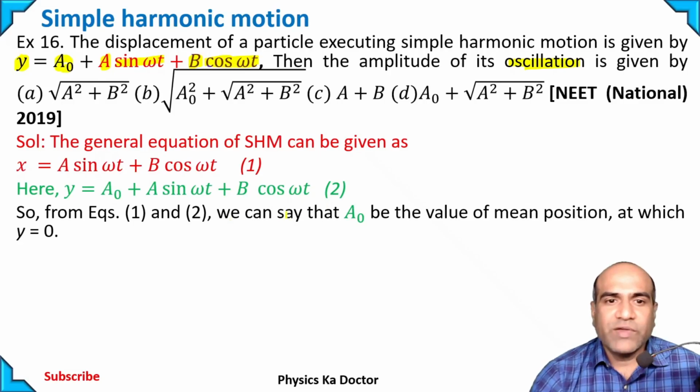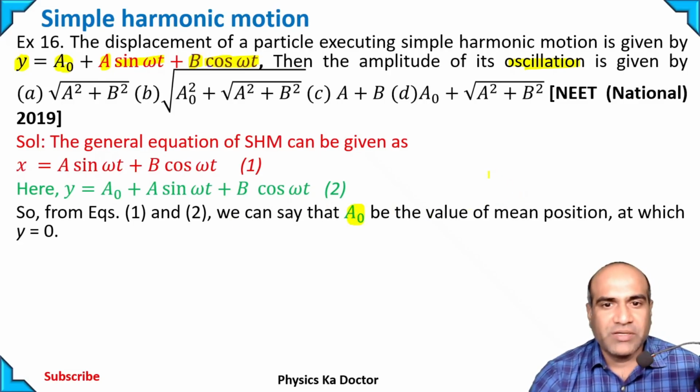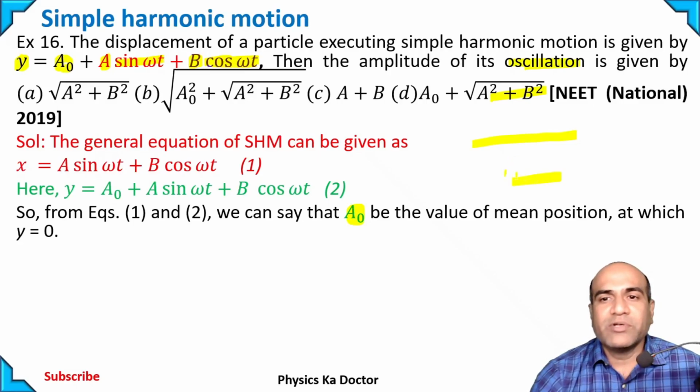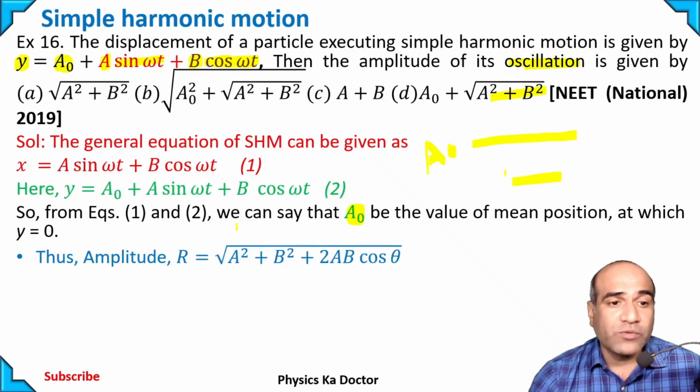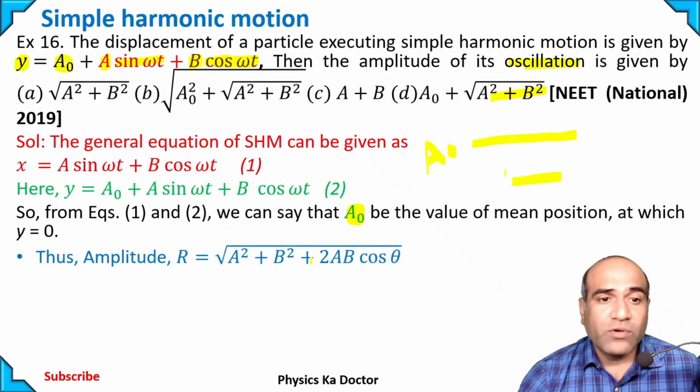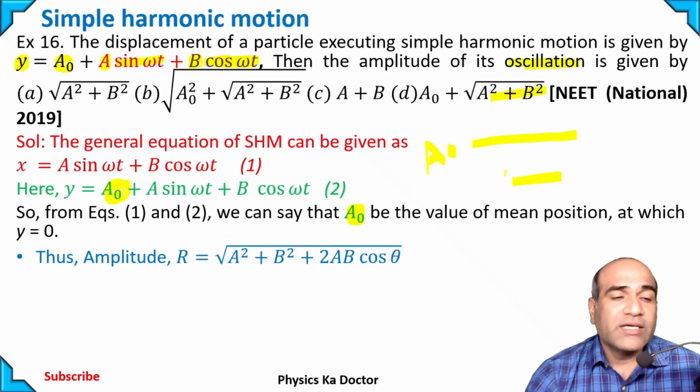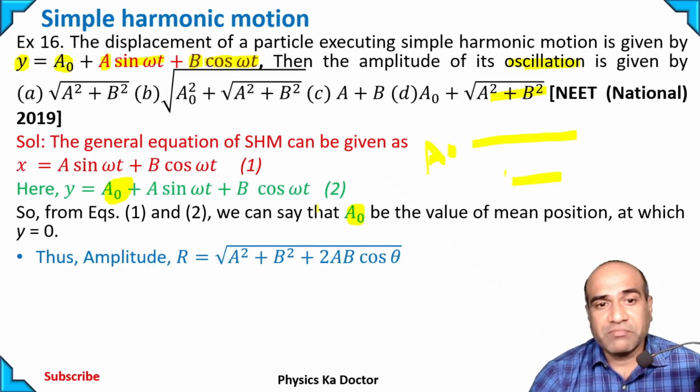Here we can say that a0 is the value of the mean position, the center position, at which y is equal to 0. Therefore, this is just a constant value. It is not coming into the picture.